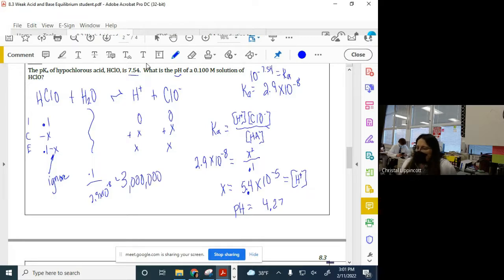If that value is greater than 100, then you can ignore this x. And if you think about it, if we went back here and did 0.1 minus this amount, it's going to be so tiny that it's still going to be 0.1 because of sig figs. So this isn't going to make a difference in this amount. This amount is so many magnitudes larger than this that it's not going to make a dent in that. Does that make sense?